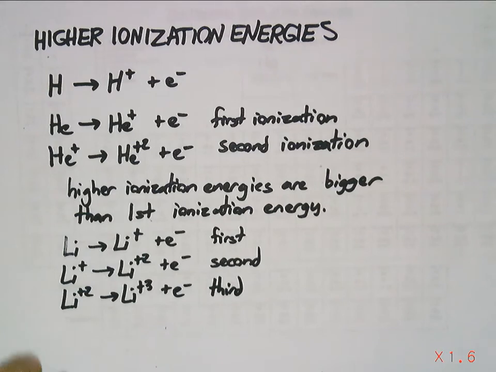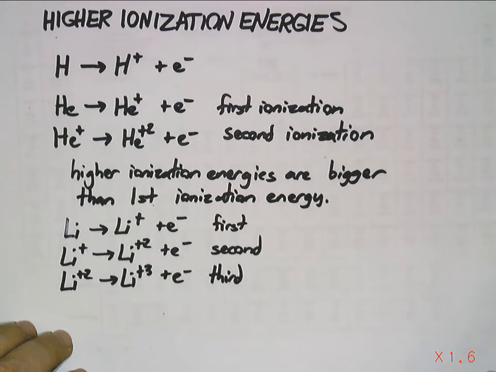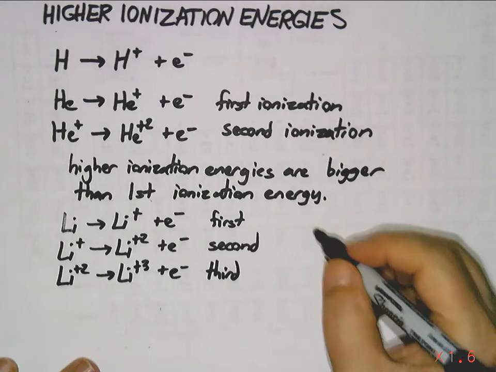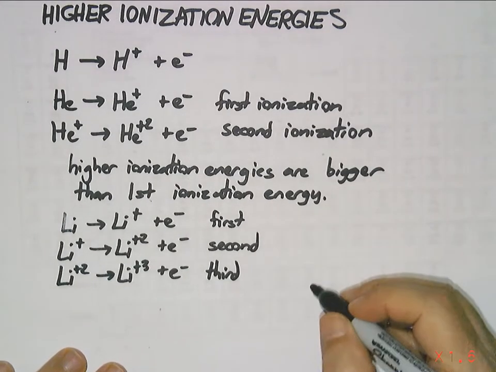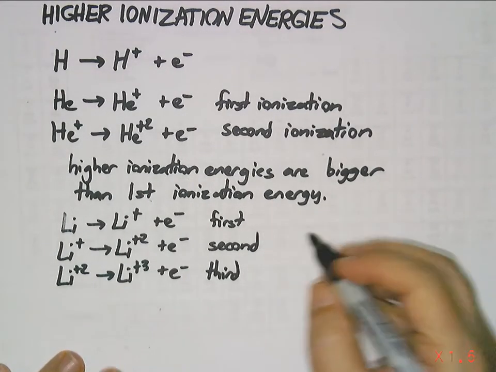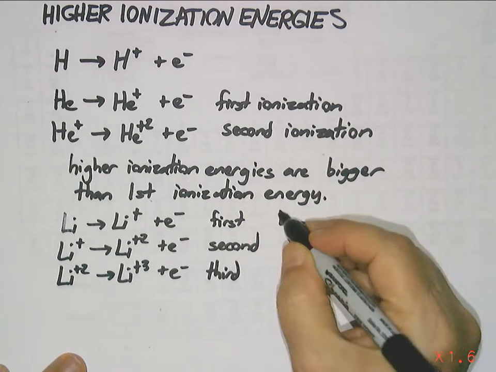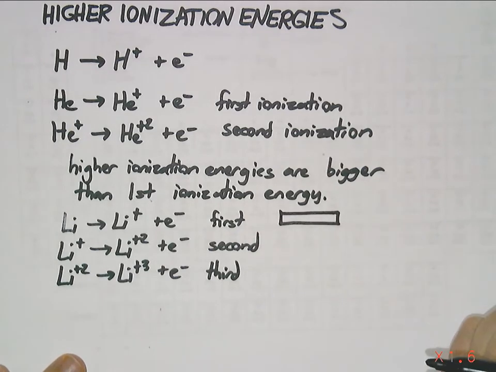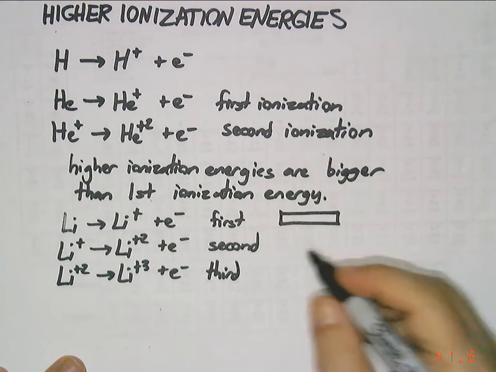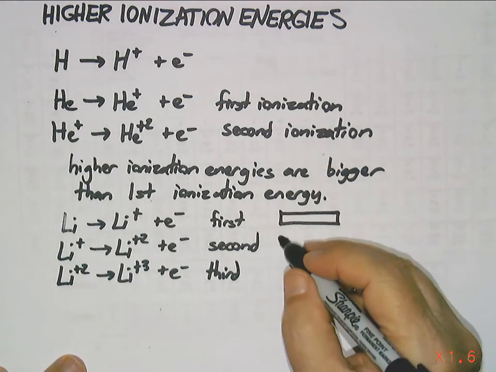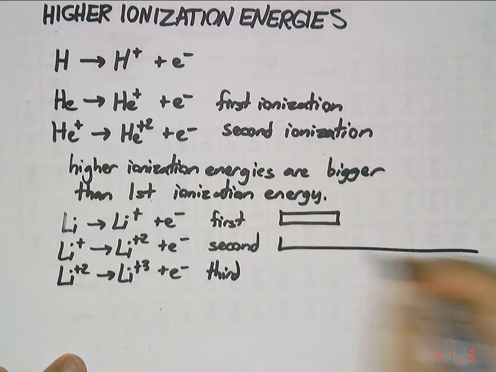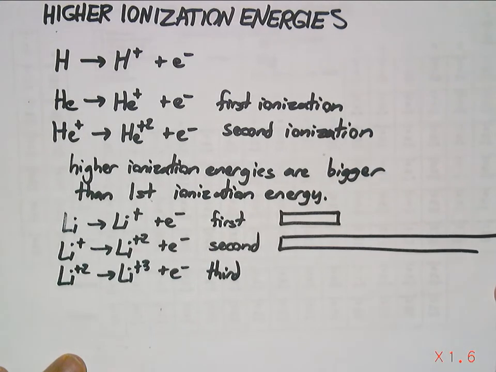Now, you see something interesting when you take a look at what these look like. If you look at the first ionization energy, if we're going to do a bar graph, it might look like this. The second ionization energy is a huge jump, much, much bigger.